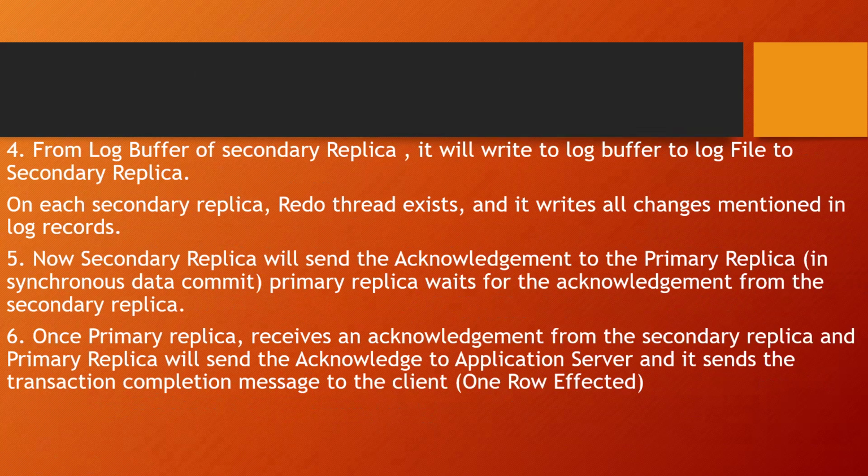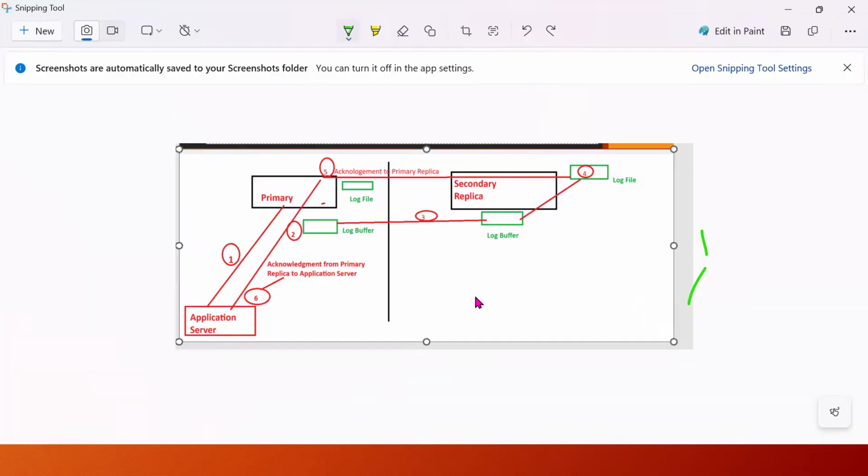So whatever data came into the log buffer of the secondary replica will be written to the log file. Wait one second, I was changing the color. After the log buffer, it has to be written into the log file of each secondary replica.